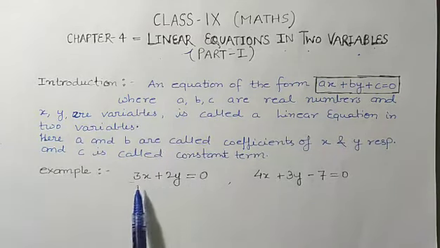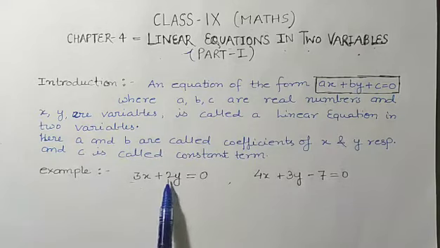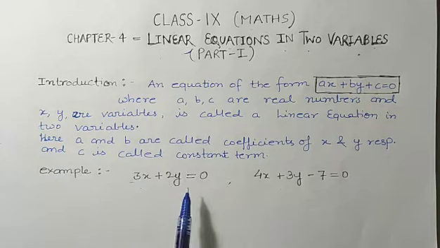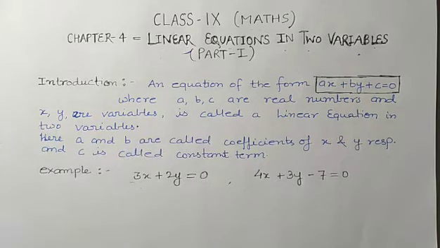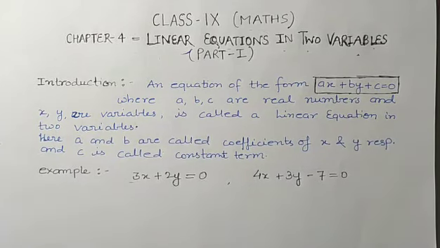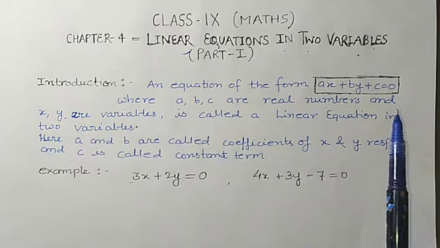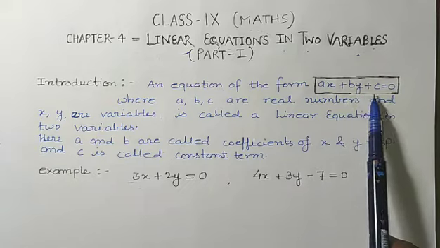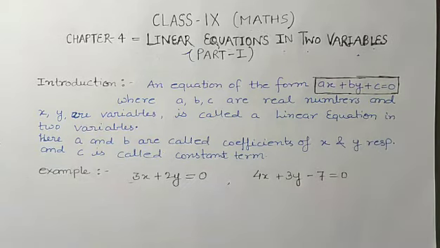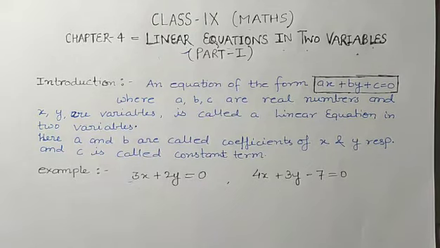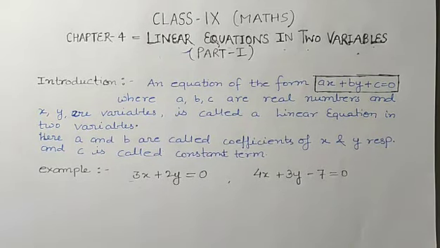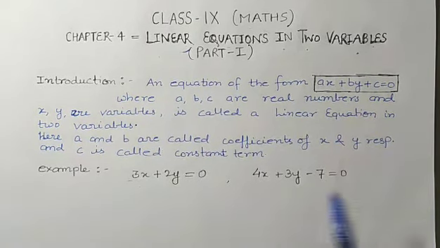So this is linear, this is an equation, and the number of variables is 2, so this is a linear equation in two variables. The general form of the linear equation in two variables is ax plus by plus c is equal to 0.